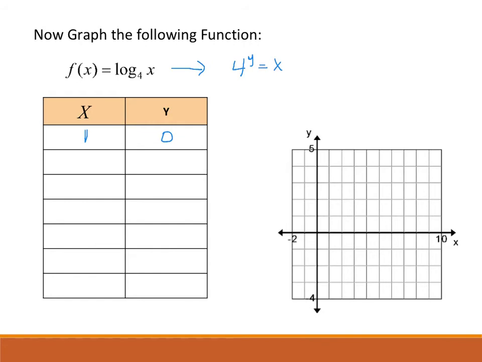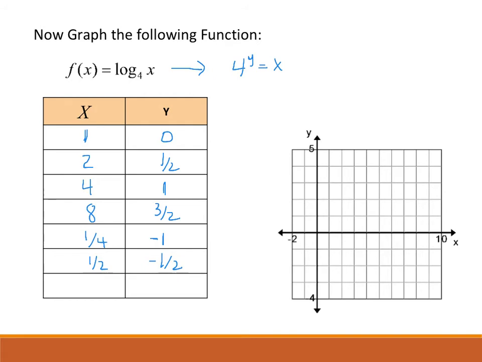When x is 2, we get y to be 1/2. When x is 4, we get y to be 1. When x is 8, we get 3/2. When x is 1/4, for example, we get y to be minus 1. And if x is 1/2, we get y to be a negative 1/2.